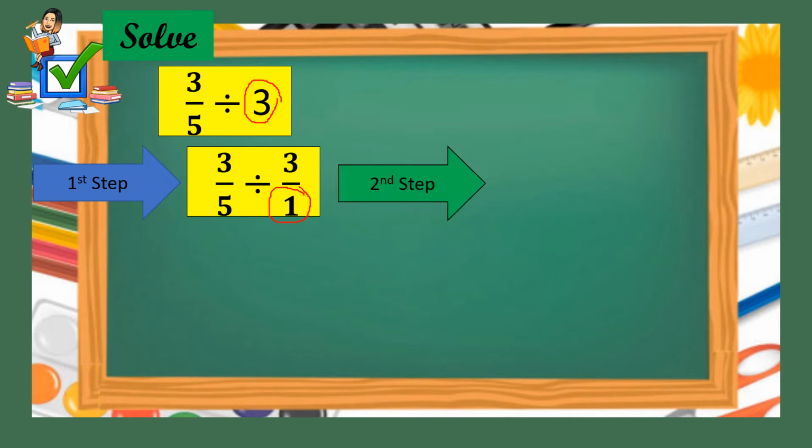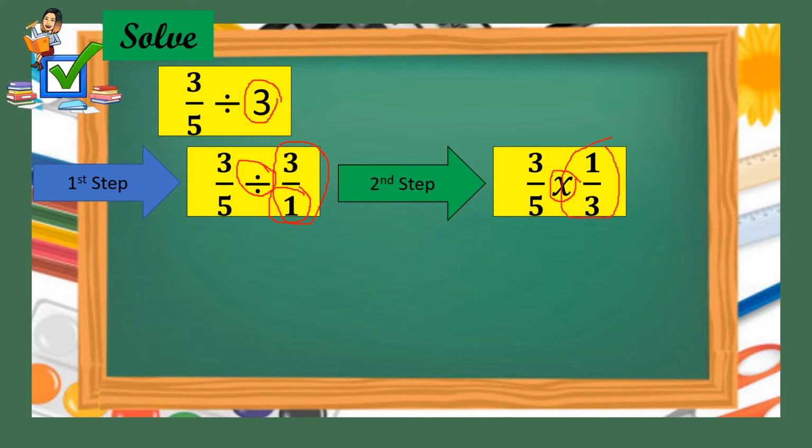Second step: 3/5 times 1/3. How does it happen? Change the division into multiplication and get the reciprocal of 3/1. So the reciprocal of 3/1 is 1/3.